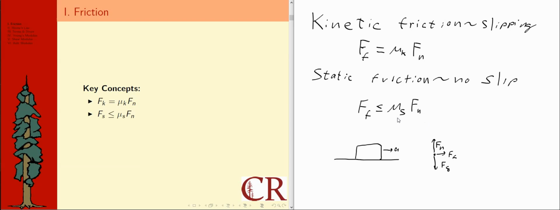These coefficients of friction are maybe also worth talking about for a second, because where do you get those? What values do they have? The answer is that it really depends on the two surfaces and generally what material they're made out of. So if this box is made out of wood and sitting on metal, there's a coefficient of friction for that. And it may also depend on what metal it is, or what wood it is.